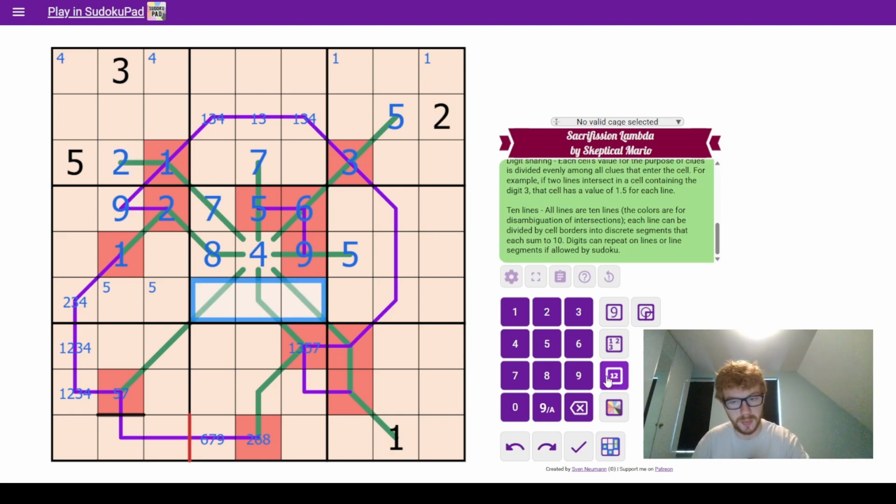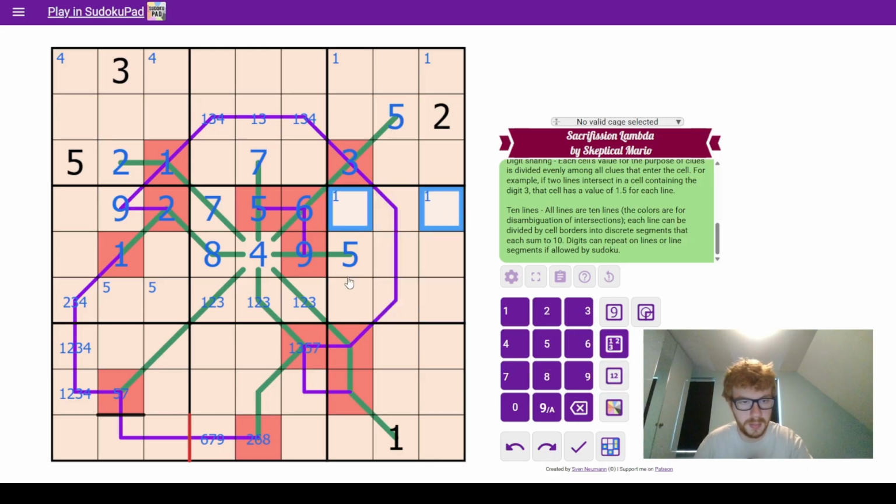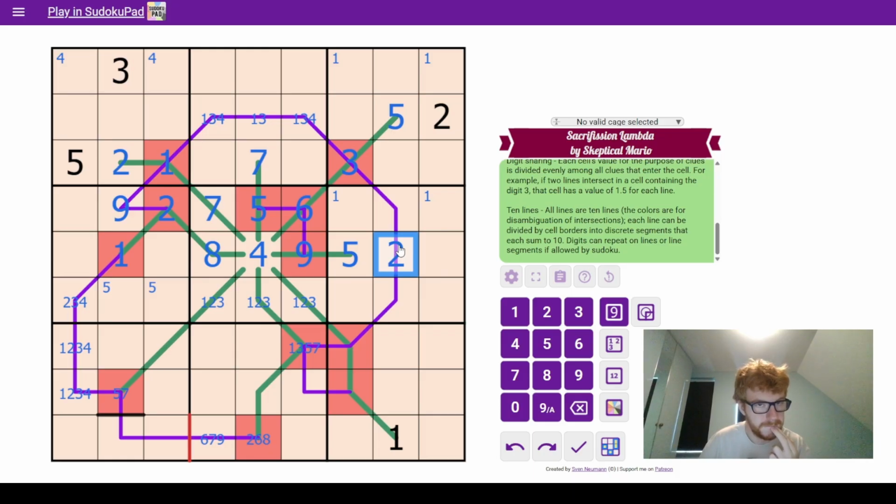So this is 1, 2, or 3. So one of those is a 1. That's not 2, that's not 2, that's not 2. So that's a 2. 3.